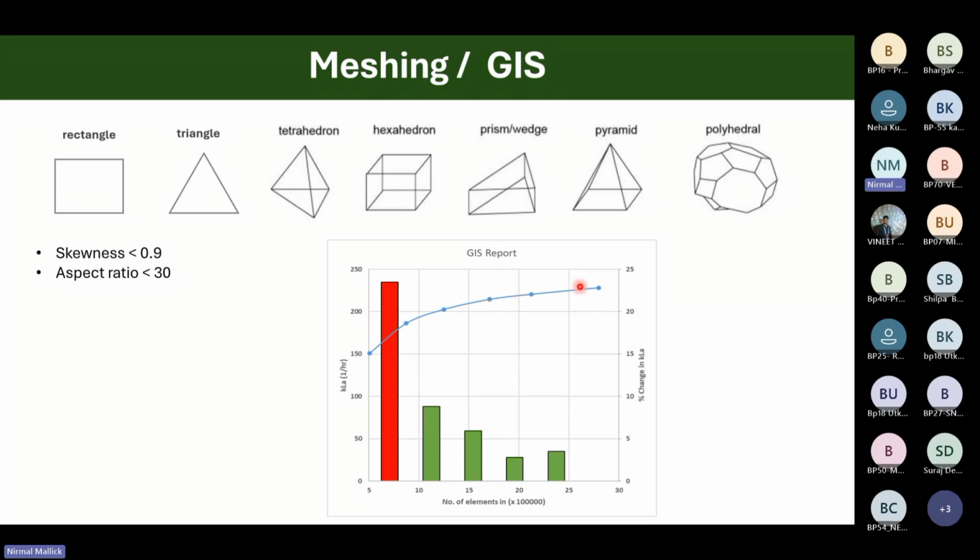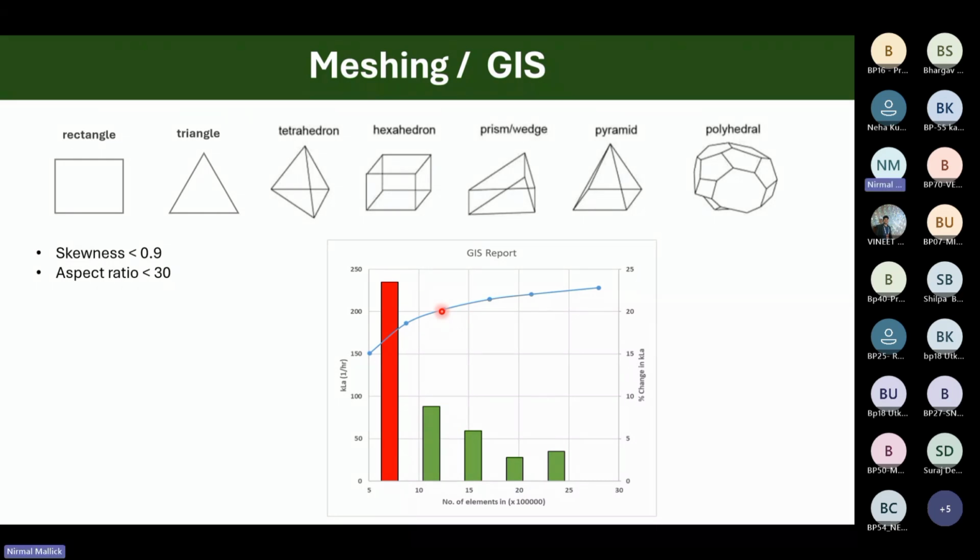It is not varying any further. Initially, when it is below 10 lakhs, my KLA value has an error beyond 20%. Usually we go for an error less than 10%. When you have less than 10% error, you can take that mesh size for your future applications.